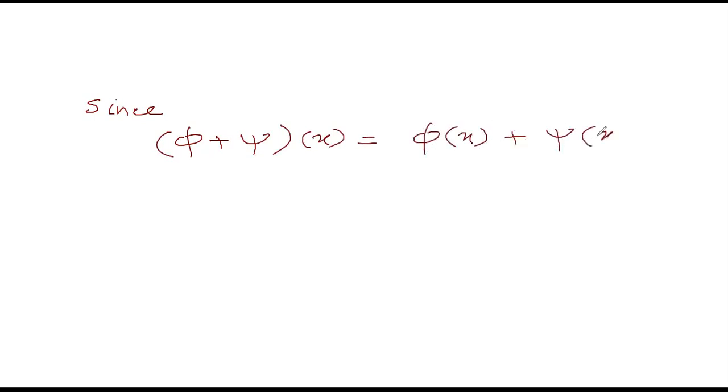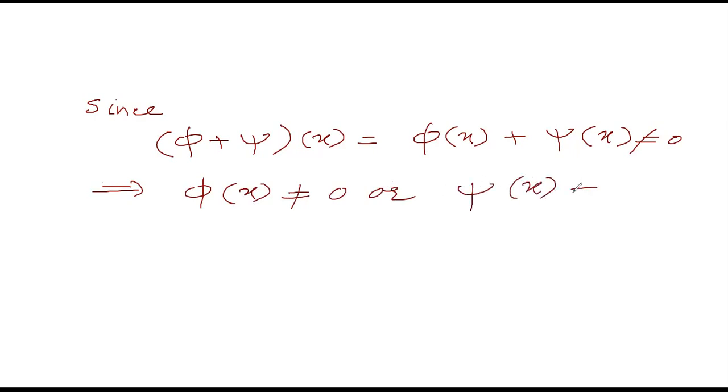First of all, since phi of x plus psi of x is not equal to 0, this implies either phi x not equal to 0 or psi x not equal to 0.